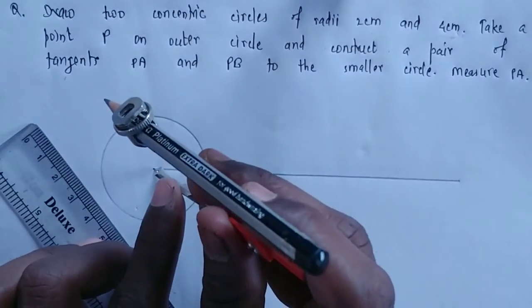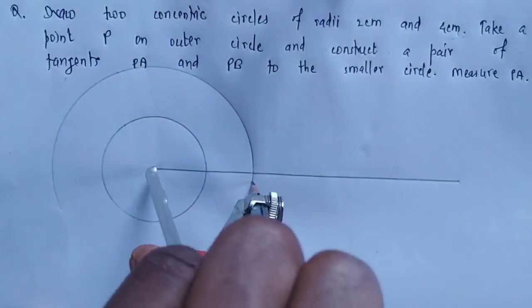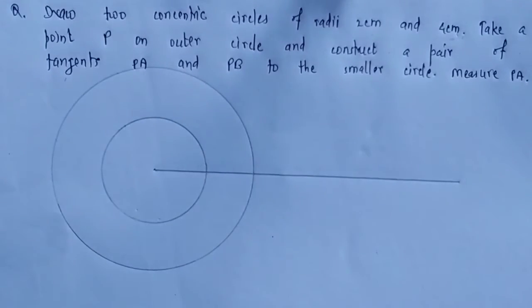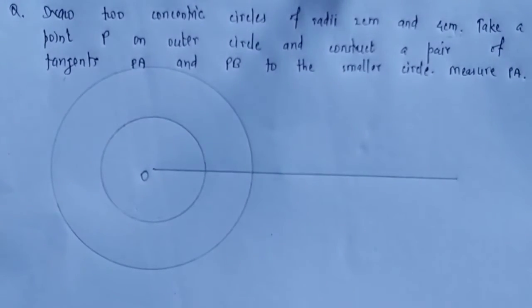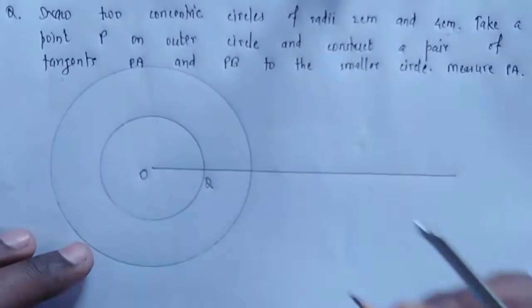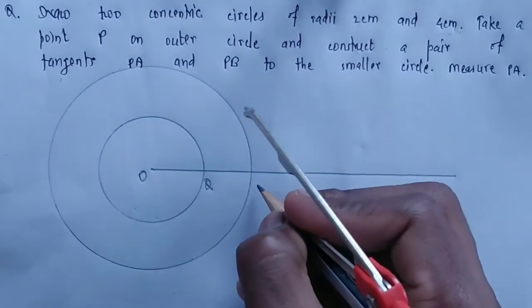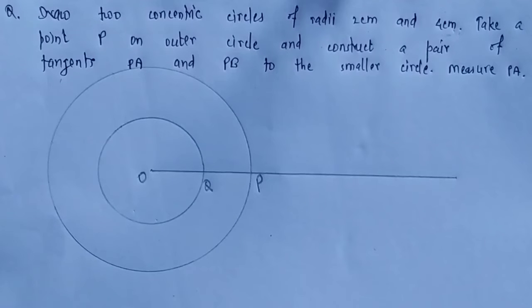Let this be the outer circle, and let O be the center of both concentric circles. Let OQ be the radius of the smaller circle, and OP be the radius of the outer circle or bigger circle.